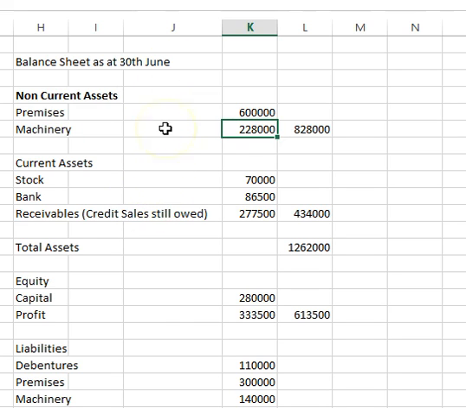Machinery was bought at a cost of 240,000, but it depreciated. Now, bearing in mind we purchased the machinery in January and we're showing the balance sheet at the 30th of June, so that's 6 months depreciation.